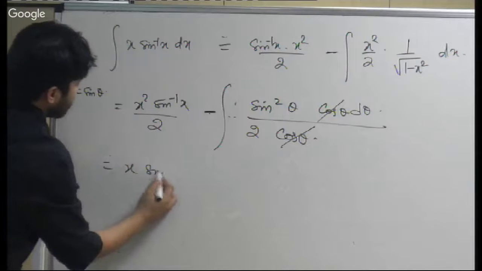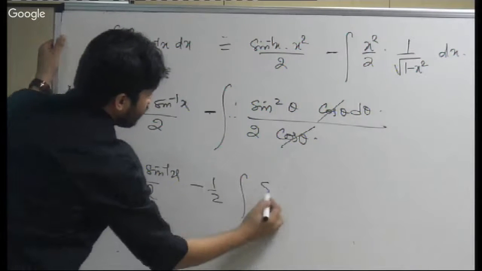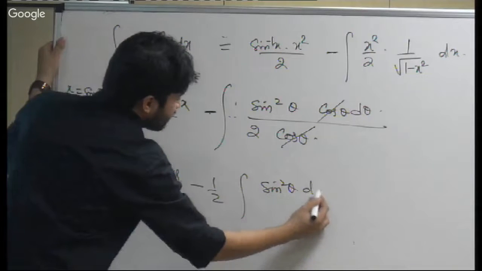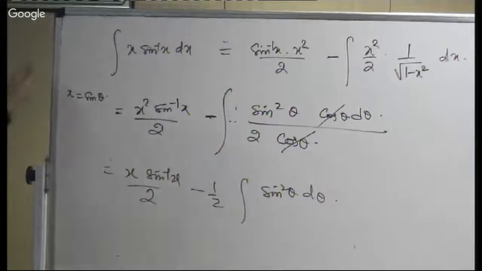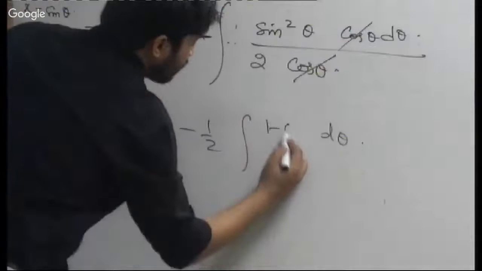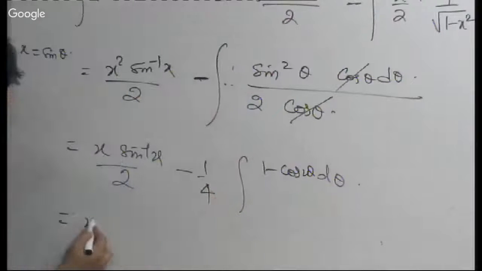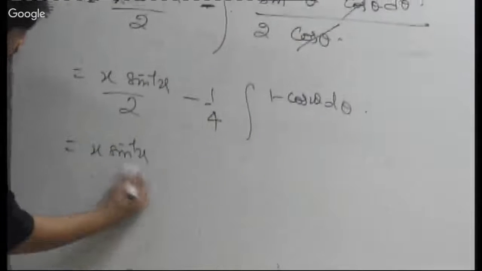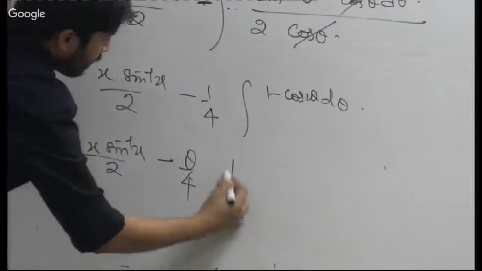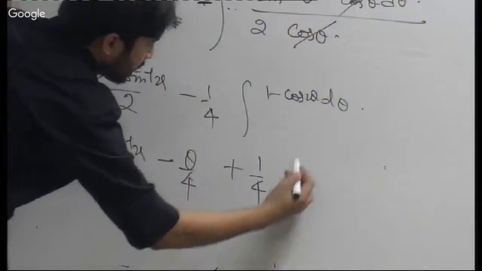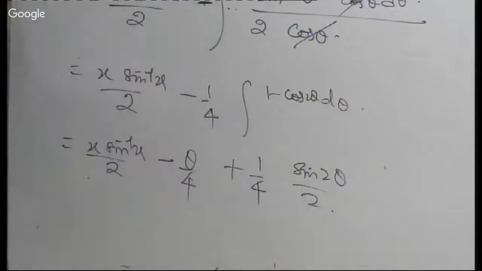x sine inverse x by 2 minus half. I'm sure you know how to integrate this. 1 minus cos 2 theta by 2. So I'm going to say x sine inverse x by 2 minus theta by 4 plus 1 by 4 sine 2 theta by 2.